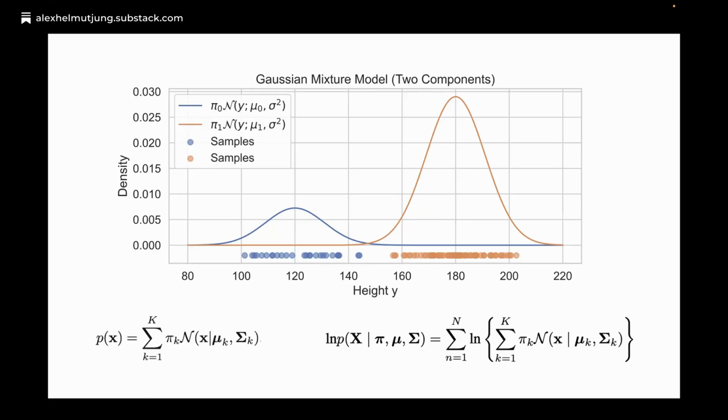And then the ultimate goal of such a model is to find the parameters, the mixing coefficients, the mean vectors, and the covariance matrices or variances, that will give us the highest likelihood of the observed data given these parameters.